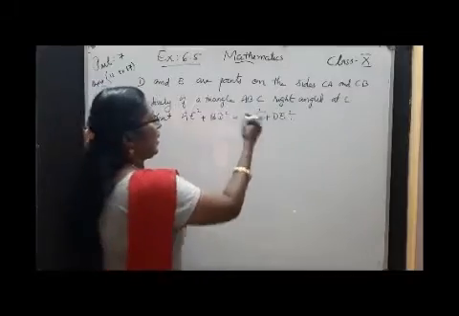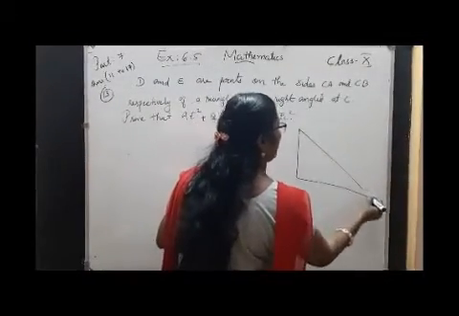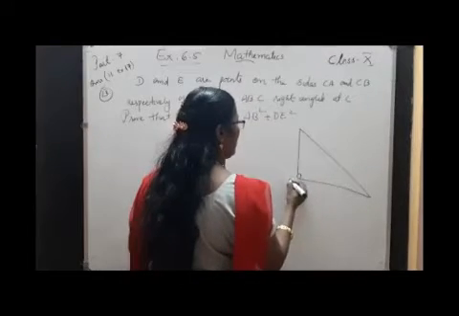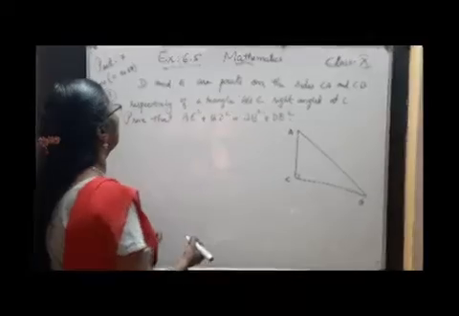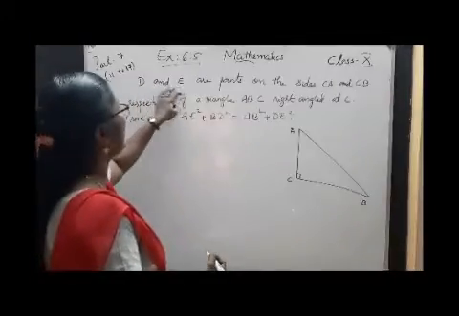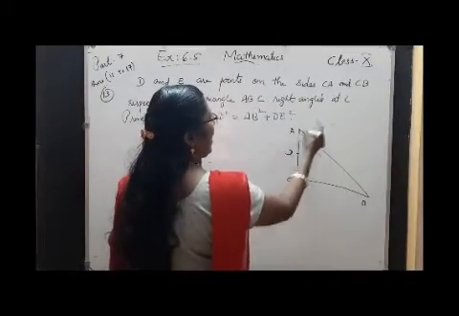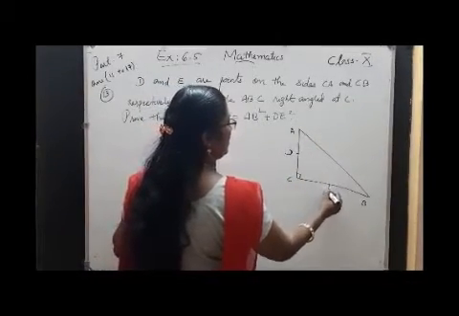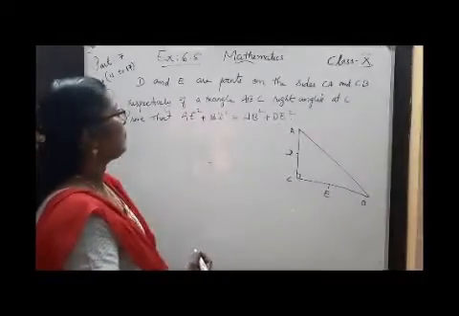Here in a triangle ABC, right angle at C, this is C, A and B. D and E are the points on the side CA and CB respectively of a triangle ABC.